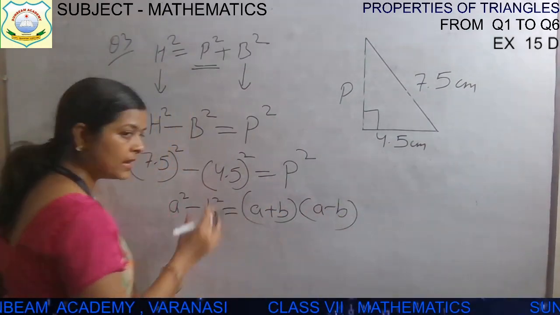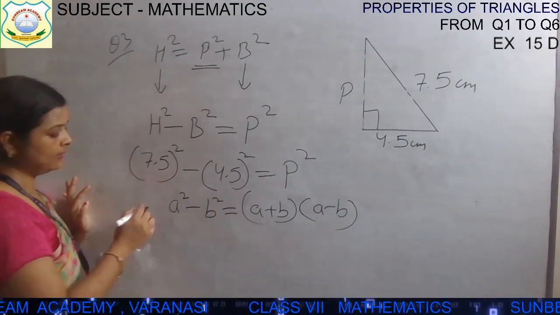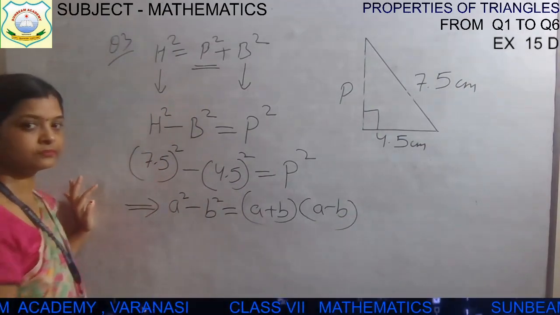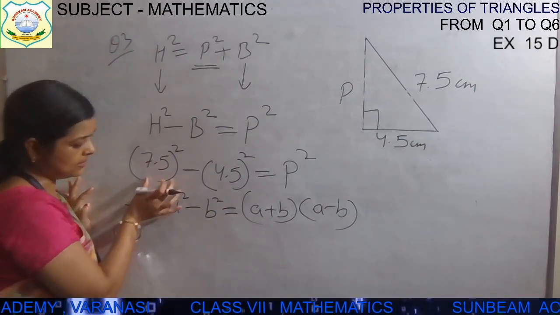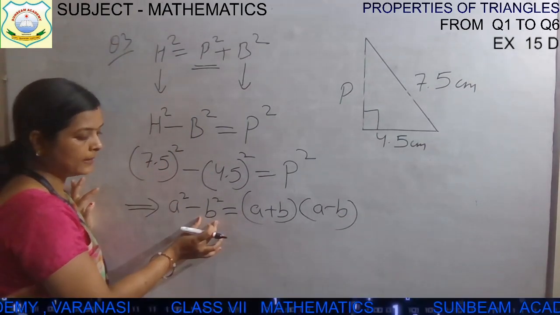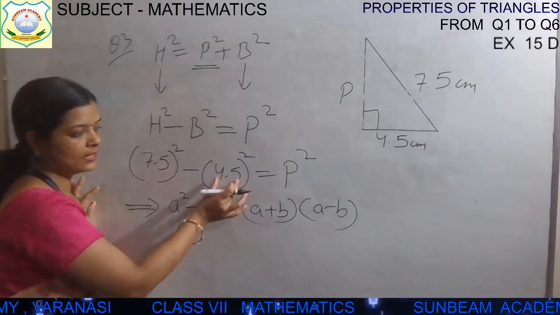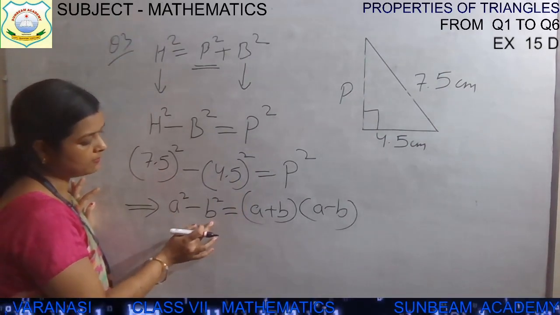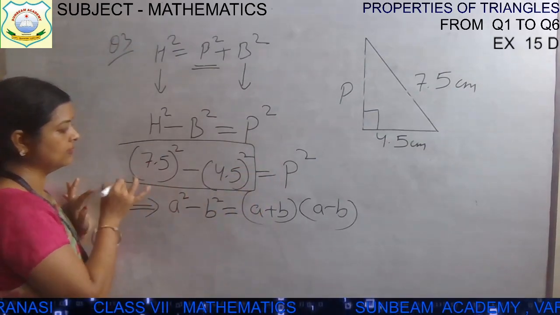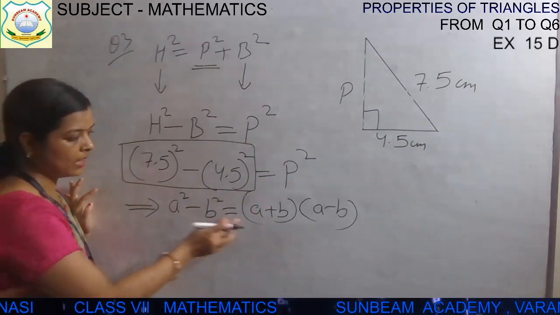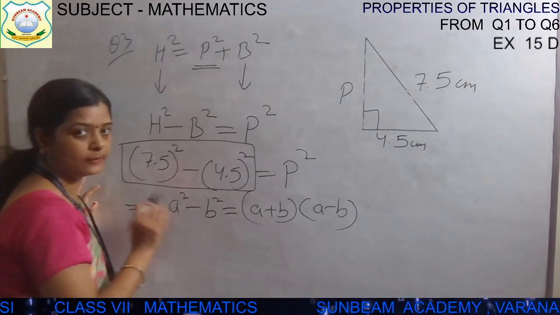To make your solution easier, they have used this formula. a can be anything here, b can be anything here. So using a square minus b square, we can solve this. How? By using this formula.